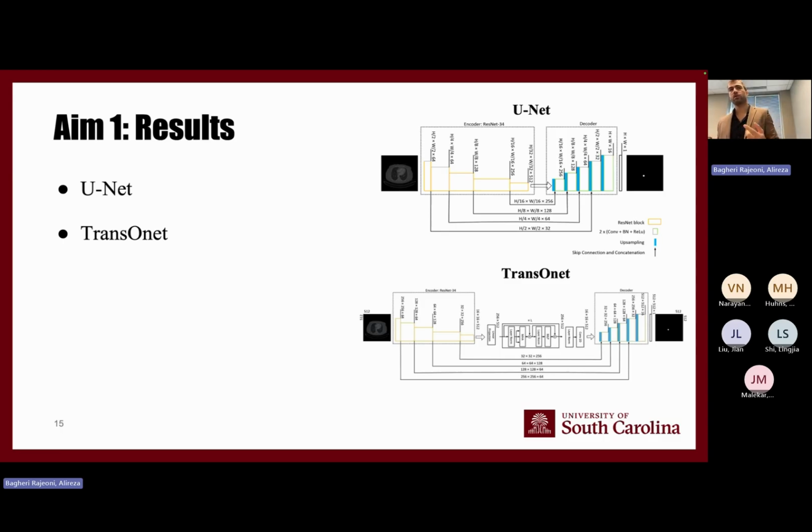And for L, we chose 1. So here the goal is that UNet extracts the high resolution spatial information, and the transformer learns from the global context of these extracted features from the encoder.